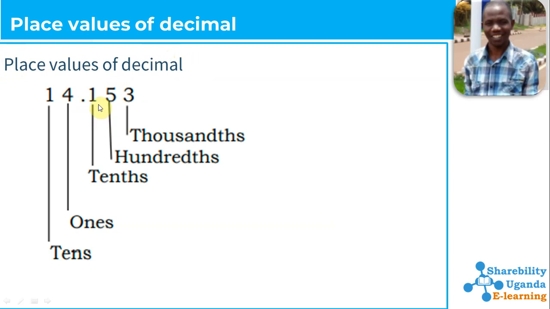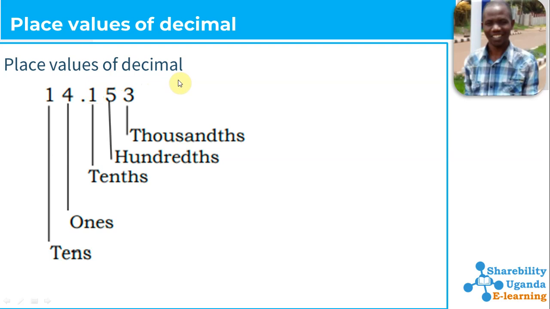So now when we have numbers that have decimals or points in them, those numbers have a different approach from our normal numbers without points. When it comes to giving these digits place values, where there is a point, we have to start from the tenths and we go this side.